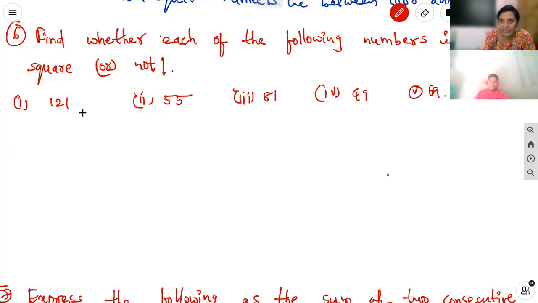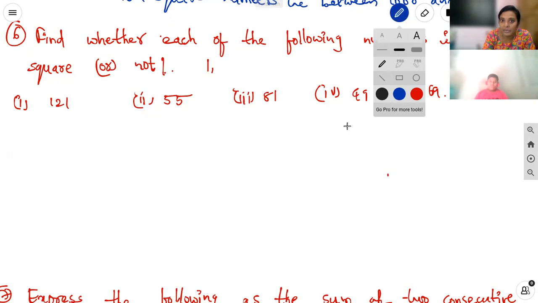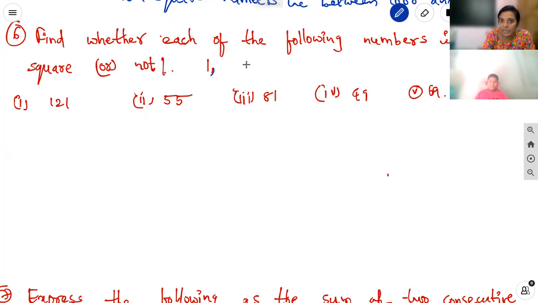To find whether it is a perfect square, start subtracting from the number the natural odd numbers 1, 3, 5, 7, 9, 11, 13 and so on. After the consecutive subtraction, if we get 0, then it is a perfect square. If it is not 0, it is not a perfect square.